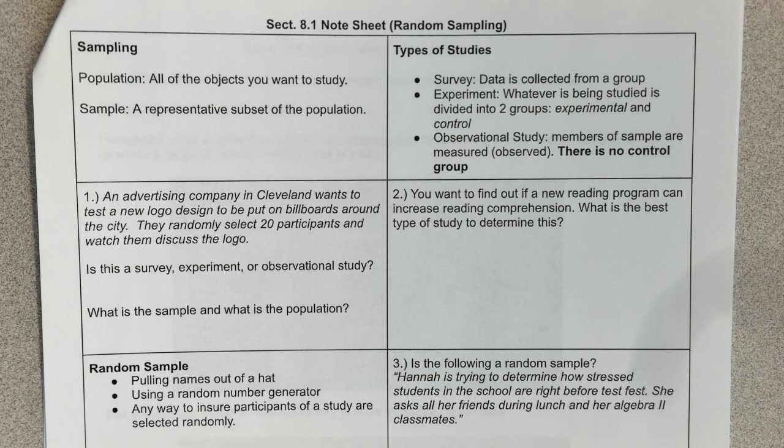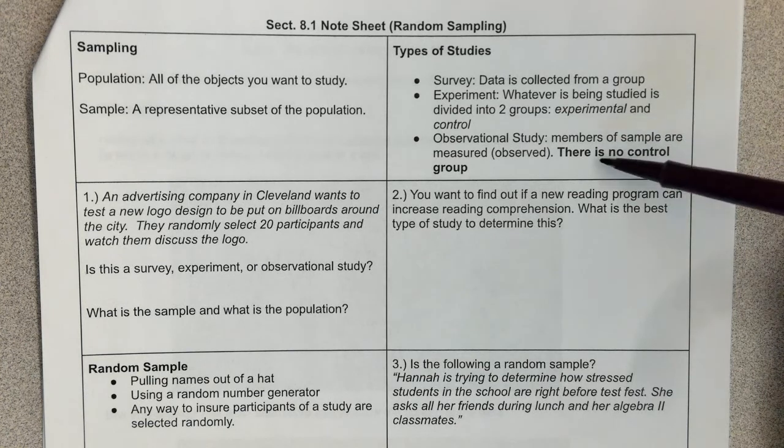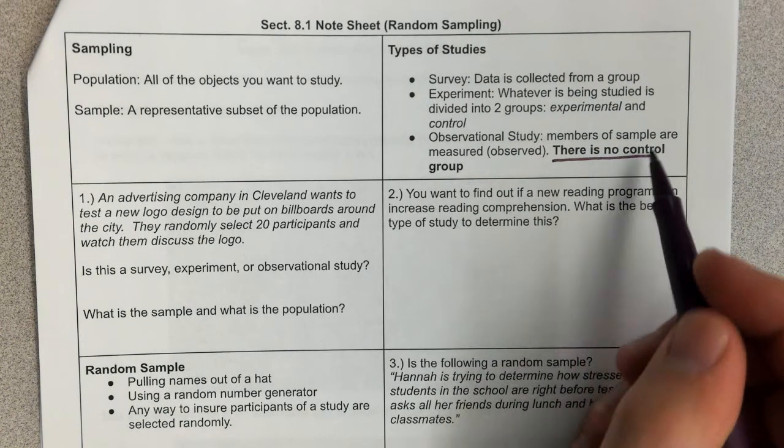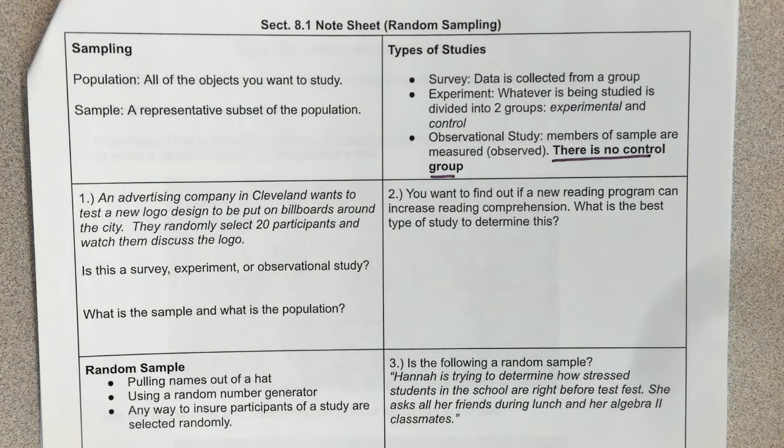But anyway, the last type of study we're going to look at is called an observational study. This is where members of the sample are measured or observed. The big difference between an observational study and an experiment, and it's easy to confuse the two, is that there is no control group.